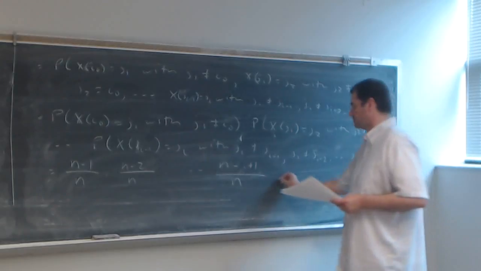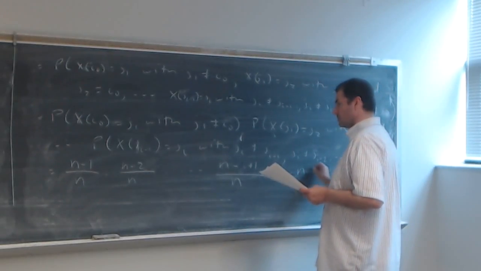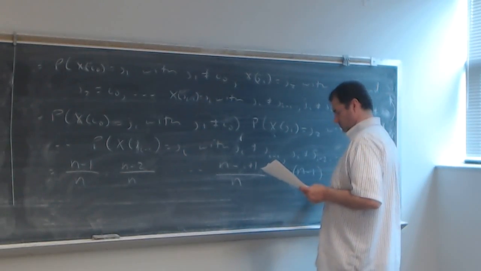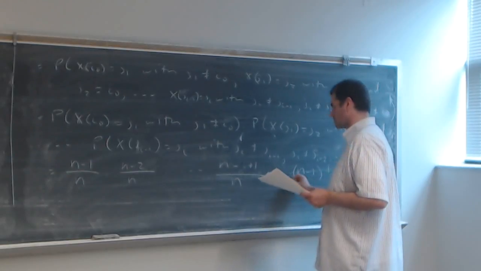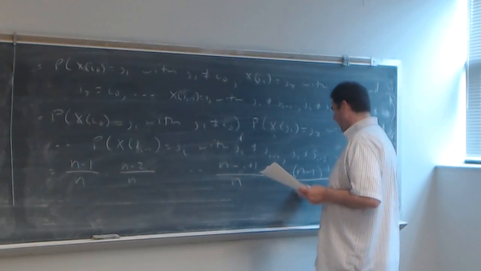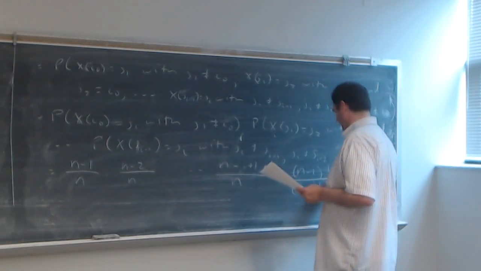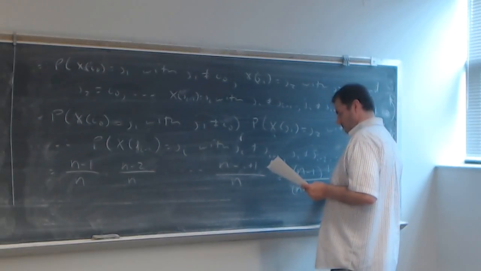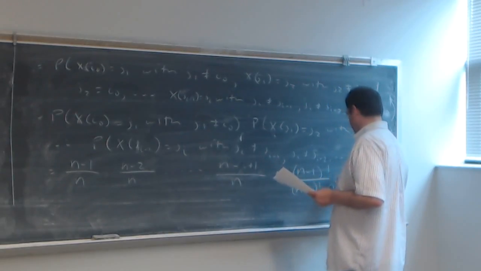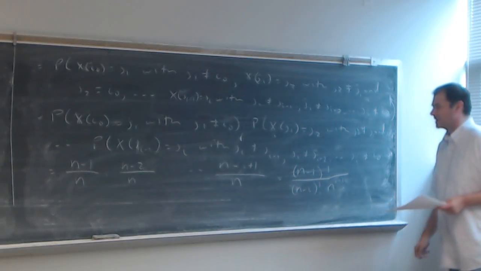That's equal to n minus 1 factorial over n minus I factorial times n raised to the I minus 1. That's what that is.